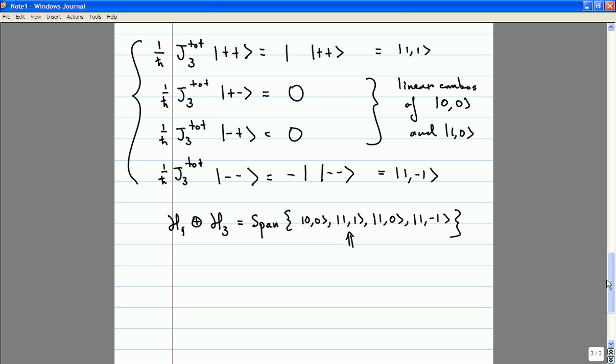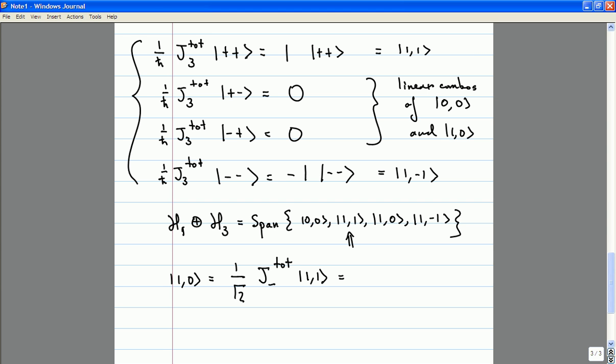So how do we go about answering that? Well, that's very easy. If you want to identify the state 1, 0, it is found by acting, along with some normalization factor that we worked out last class, with the lowering operator J minus on the state 1, 1. So a state with no units of angular momentum in the spin 1 representation is found by acting with the lowering operator on the state with 1 unit of angular momentum in the spin 1 representation.